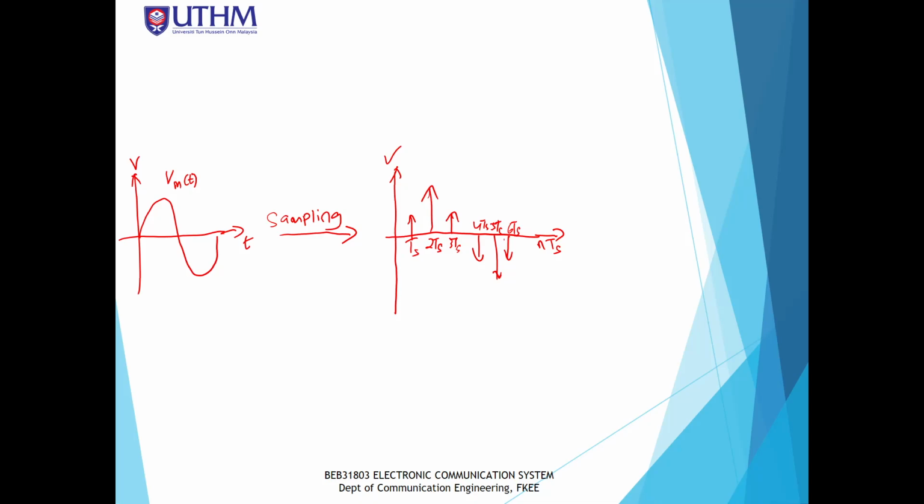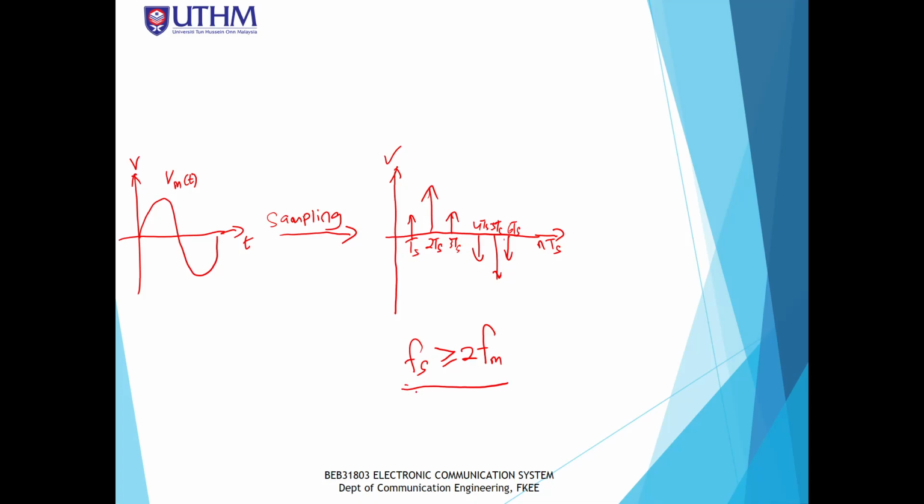The Nyquist theorem says that the sampling frequency must be more than or equal to 2 times the highest frequency of the input. This is the minimum Nyquist rate.